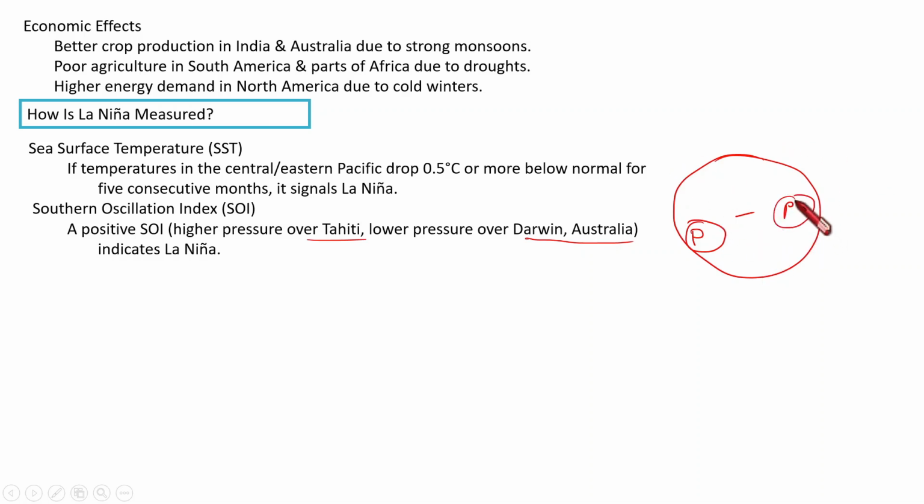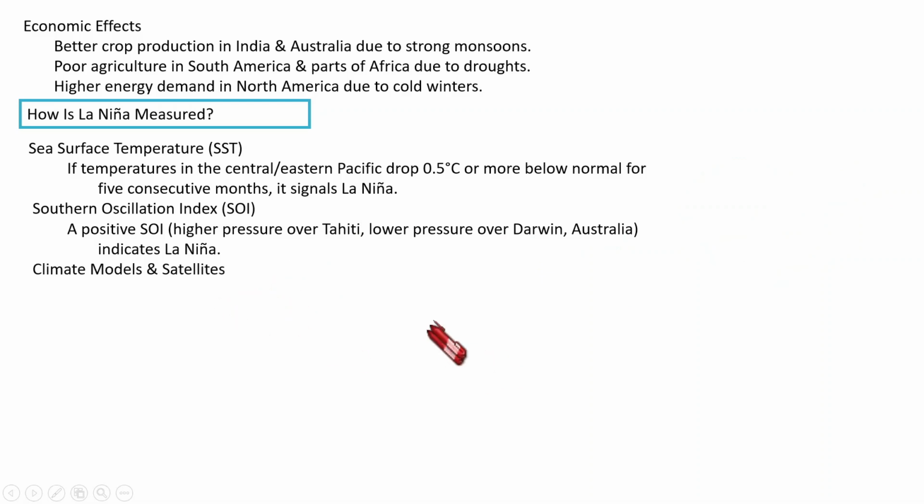So we know that as there is no warm surface water here, the pressure of this area will be high and the pressure of this area will be low. And its difference will certainly give a positive value. And that positive value indicates a La Nina. If it is negative, we already learned that it will be El Nino. So that way, we can measure.